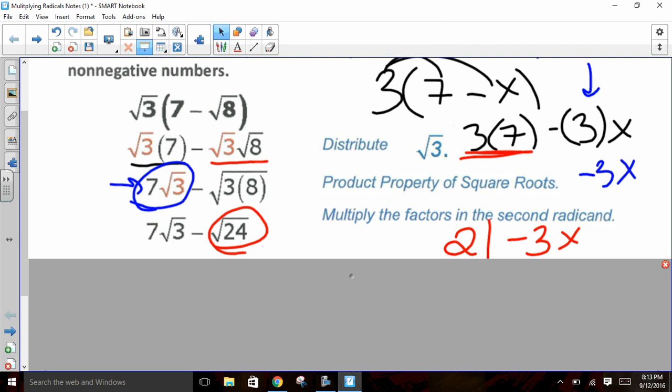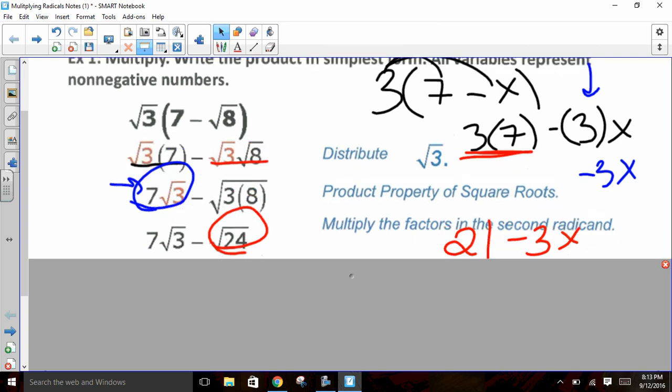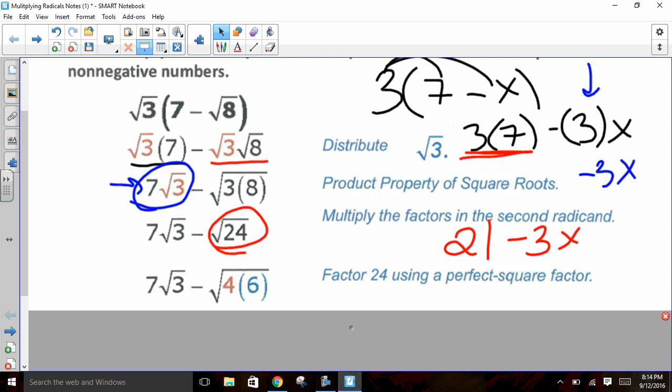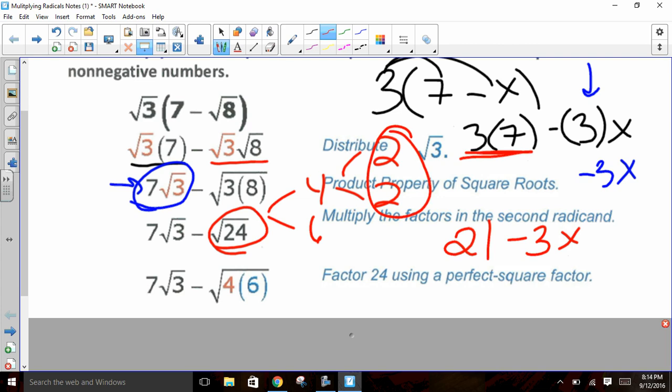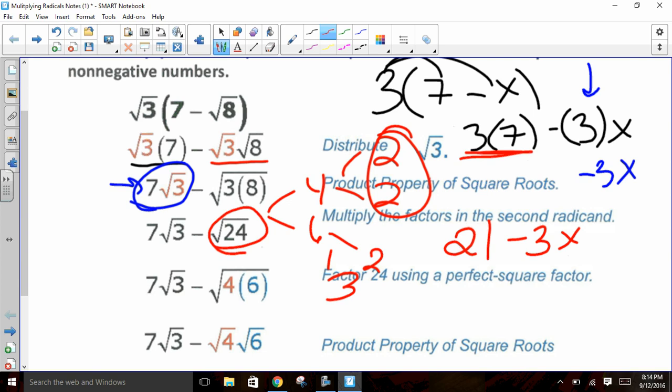Well, you're probably thinking, I can simplify the square root of 24, can't I? Yeah, 24 is equal to 4 and 6. 4 is 2 times 2, a group comes out. 6 we know is 2 and 3, nothing comes out.